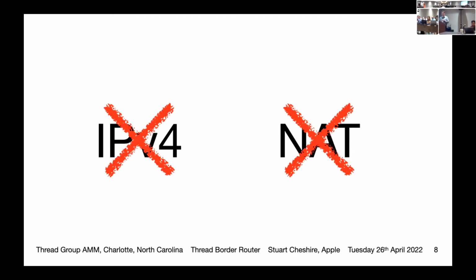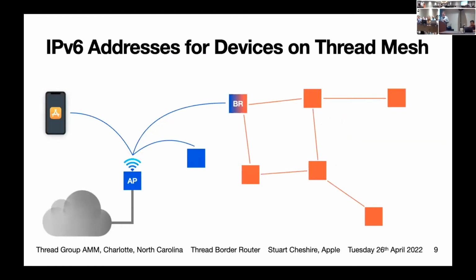Thankfully, we don't have to do that because we have IPv6. And we built on existing capabilities in IPv6 to let us connect these networks together by using IPv6 routing instead of bridging at the Ethernet layer, which would involve flooding a lot of traffic.